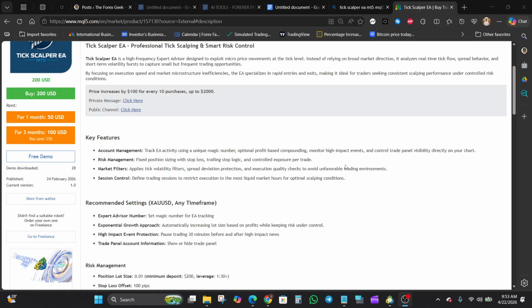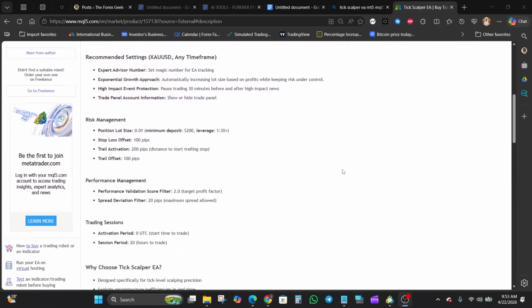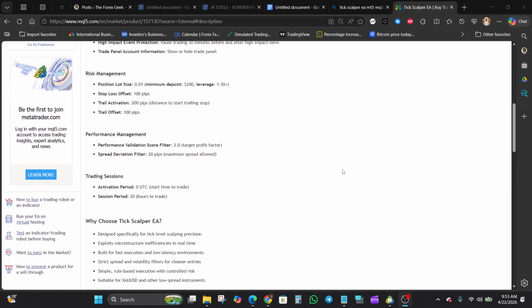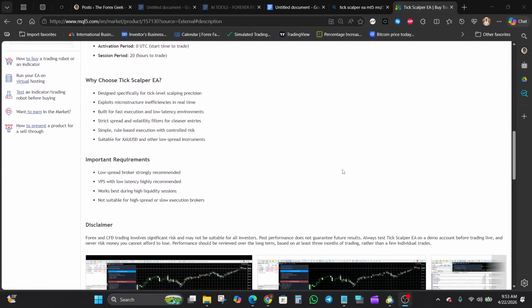One important thing mentioned here is that it works best with low spreads and fast execution. So ideally, you'd want to be using a good ECN broker and probably a VPS setup as well.